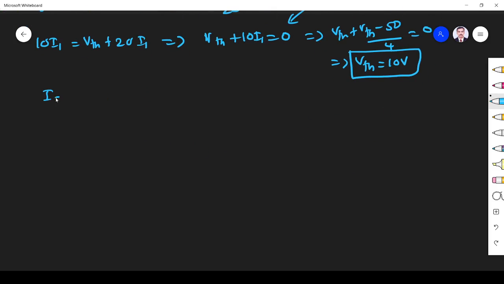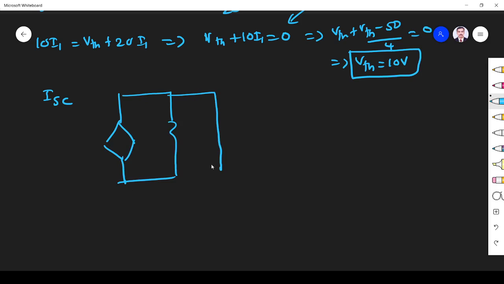Similarly, we have to find I short circuit, ISC. If you want to find ISC, let me draw the diagram. The circuit will be like this. Here it is shorted. This is 40, this is the 50 volt source, here I1 goes.